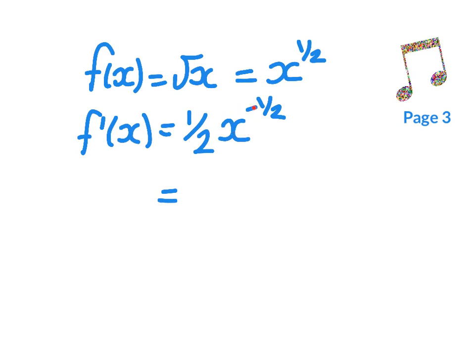The x, because it's negative here, that tells me I want to put it on the bottom to make it positive. The fact that it's a half tells me it's a square root. So I can tidy this up as 1 over 2 times the square root of x.